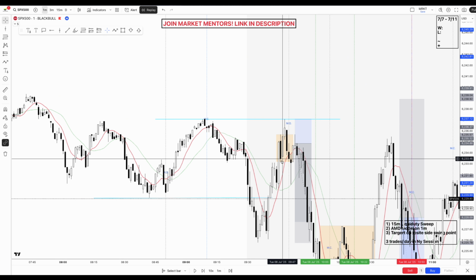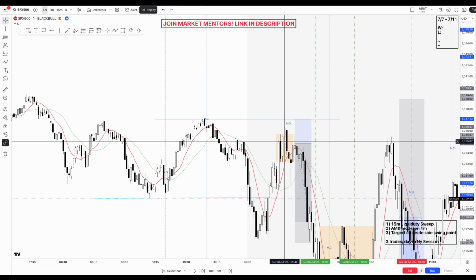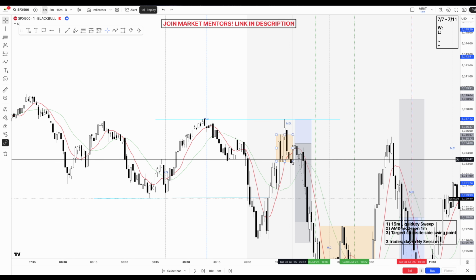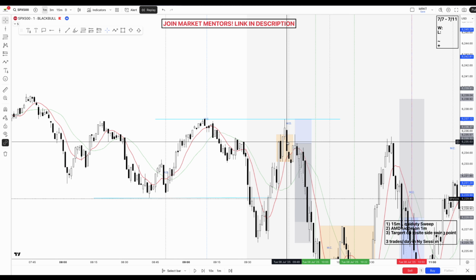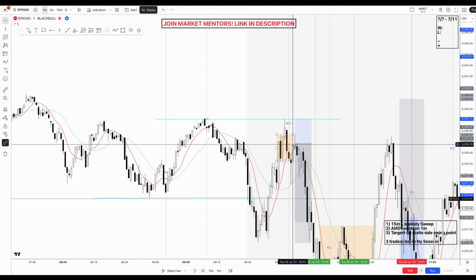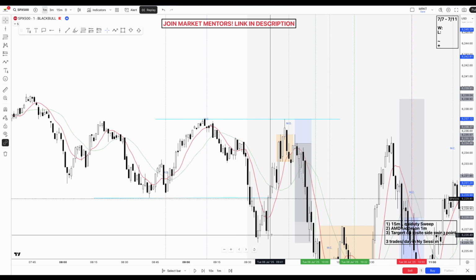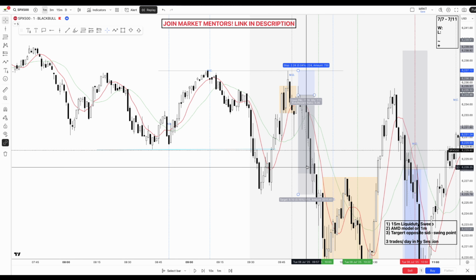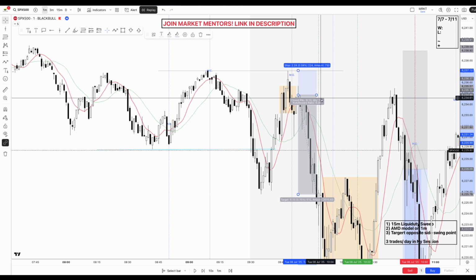You see the AMD model here, formed a little different on the other broker, but this accumulation in these 2 or 3 candles manipulates to the upside, distributes to the downside. It is a little ugly with this wick, but it's still valid. There's some imbalance in these candles. You enter, set your stop loss above this distribution, target this 15-minute swing low, and you got 4% right there. And that's the first one of the day.